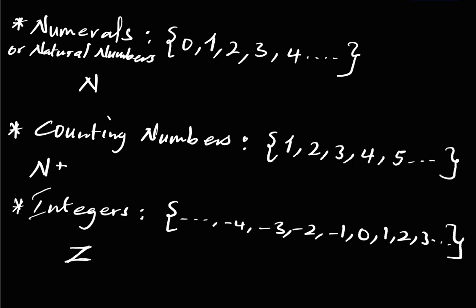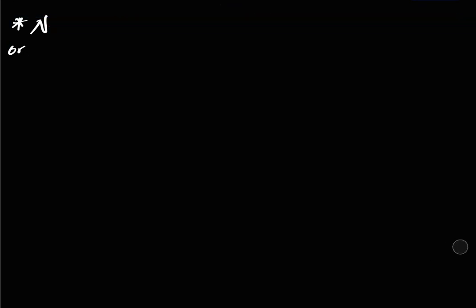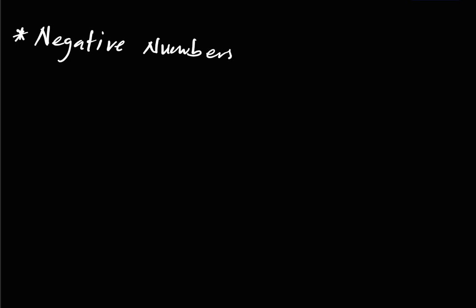Now, the next type of numbers that we are going to see is the negative numbers. By the name, we can easily understand what they mean, because when you see negative numbers, it means that all the numbers are negative. Negative numbers start from -1 and continue to negative infinity.